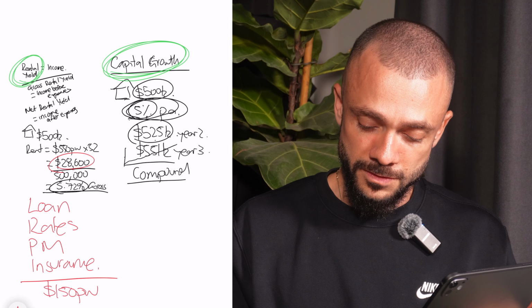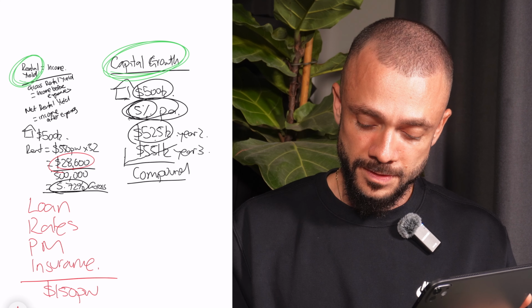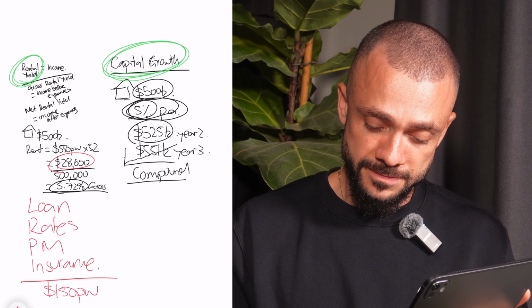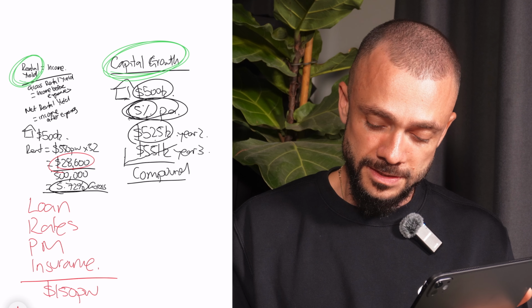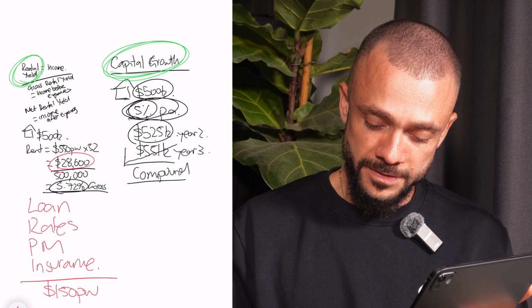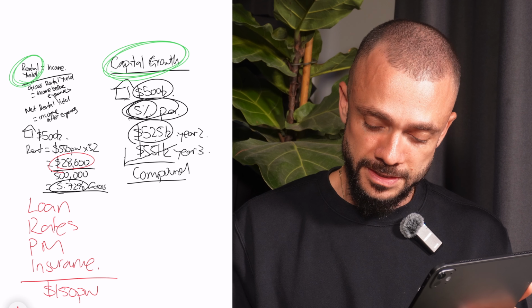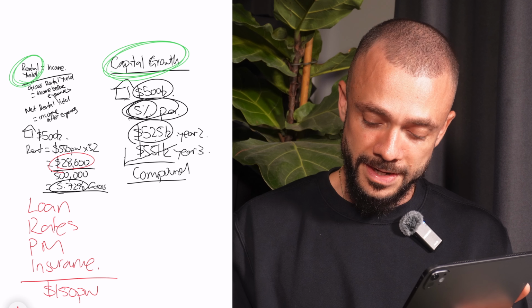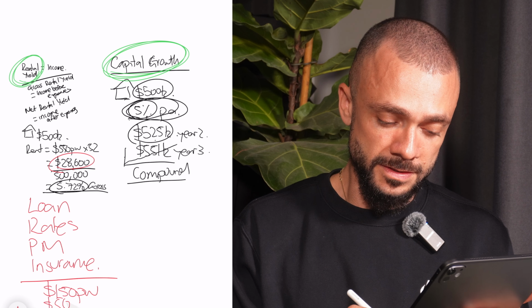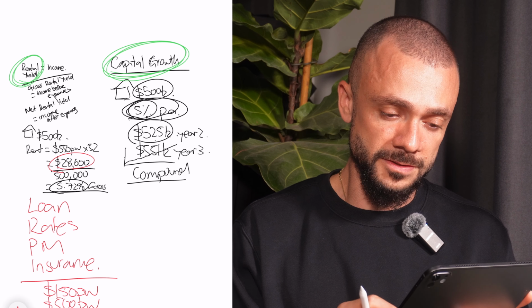Now, if you put, say, a 20% deposit down, so 100 grand, right? You're going to have a $400,000 loan. Now, if you had a $400,000 loan at 6.5%, and you're paying interest only on a weekly basis, that loan is going to be roughly $500 a week.